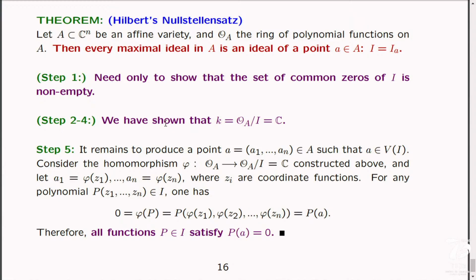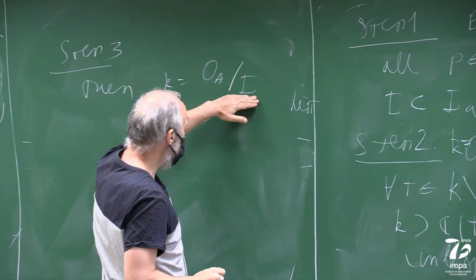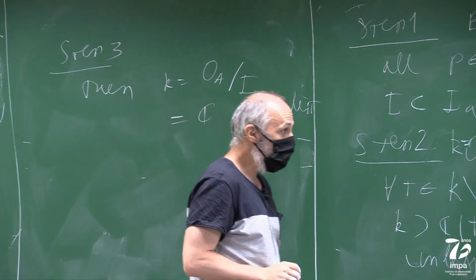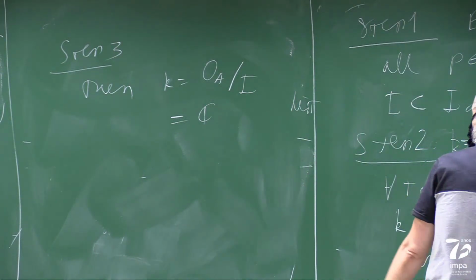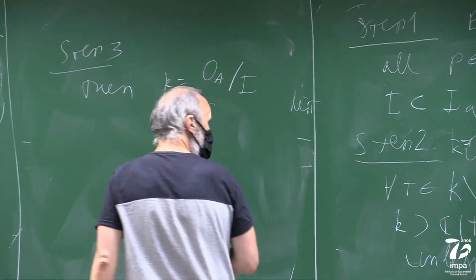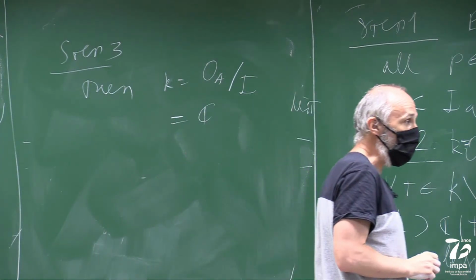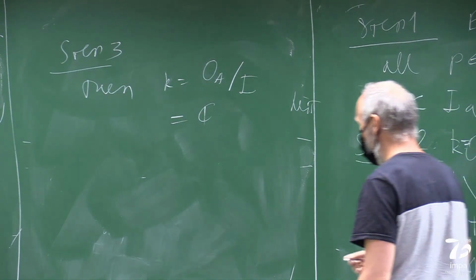So we need to show that this maximal ideal is the ideal of a point. For that, it suffices to prove that there are common zeros of these functions in that ideal. And this would follow from the isomorphism. So how to do it? We have a map. Let's call it phi.